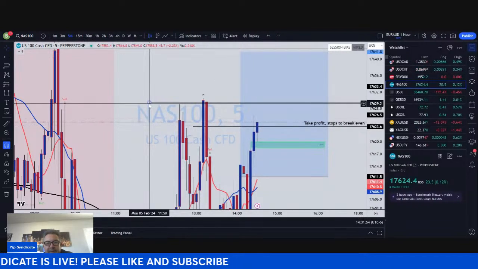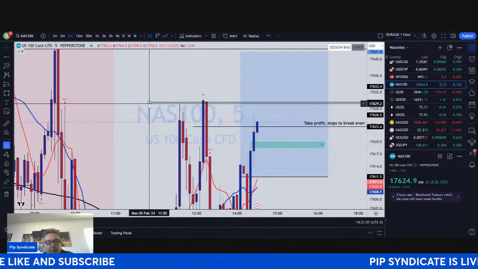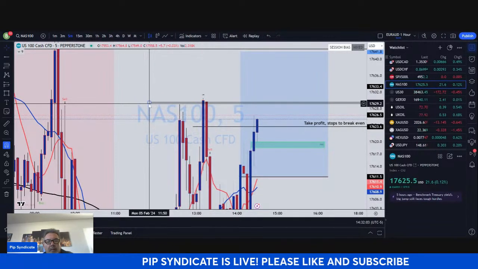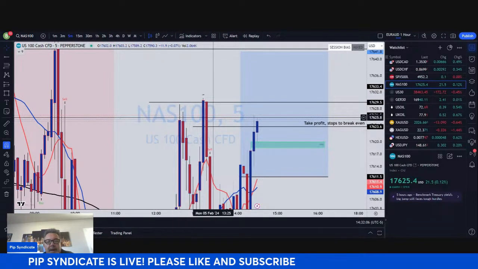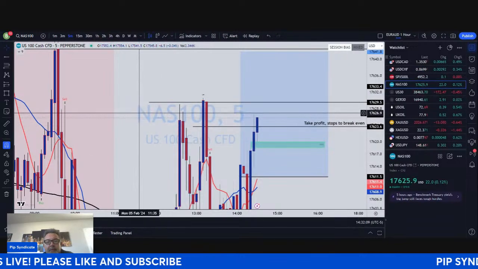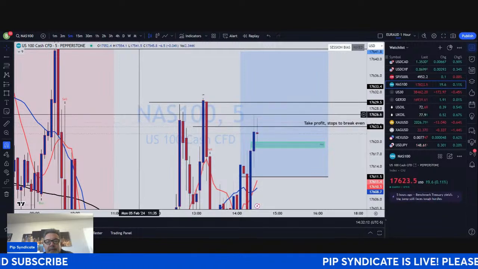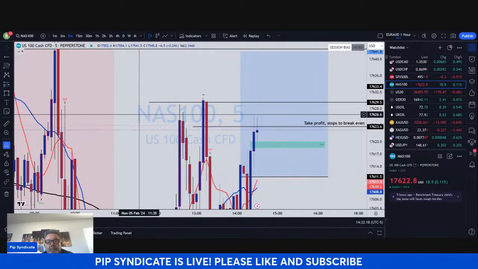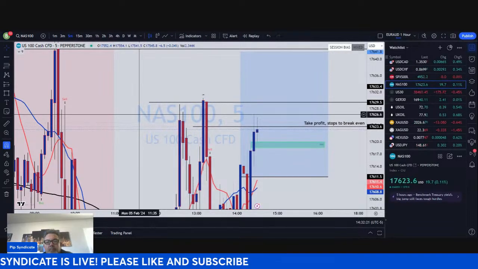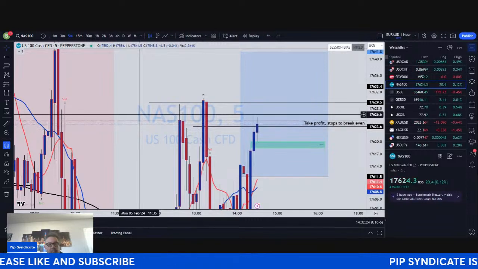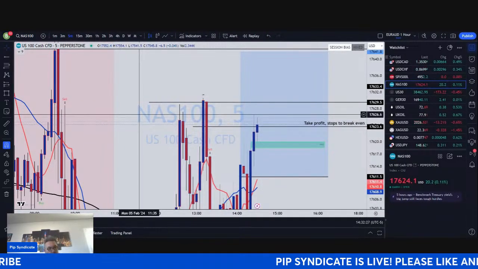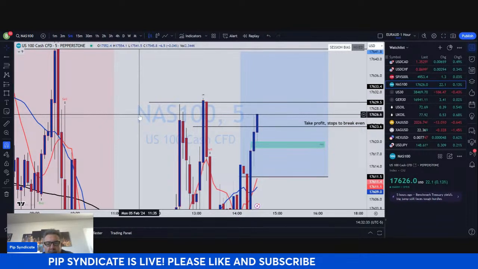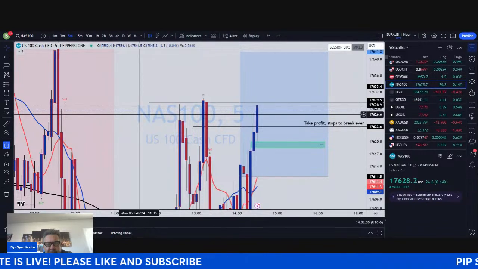We are pushing north. See if it can break the high of this candle now, the last candle. As long as it keeps taking higher levels, we're making progress. That's six wins in a row, guys. Pretty cool. I think my record on the stream is 12 or 13.